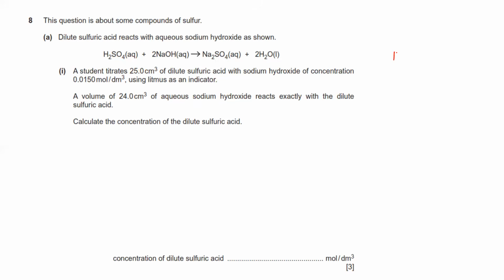So we have H2SO4 and the volume is 25 centimeter cube. Then we have sodium hydroxide.